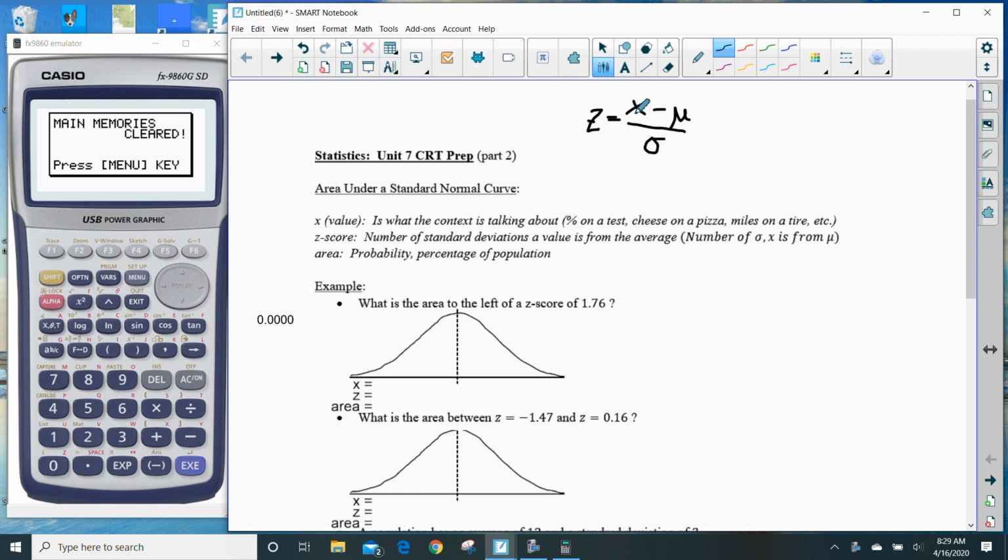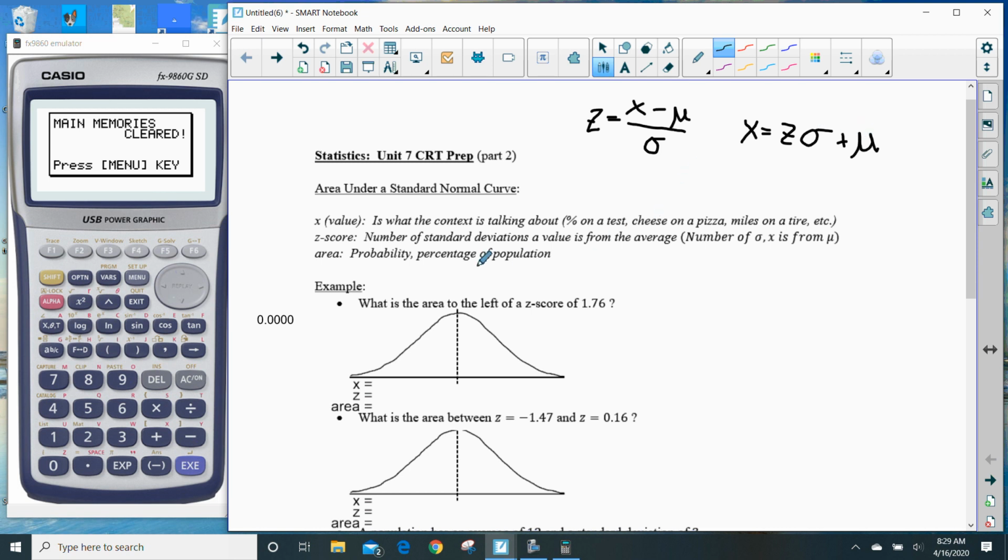So that's the value minus the average, divided by the standard deviation. We also learned that x is equal to z sigma plus mu. So the z-score times the standard deviation plus the average.